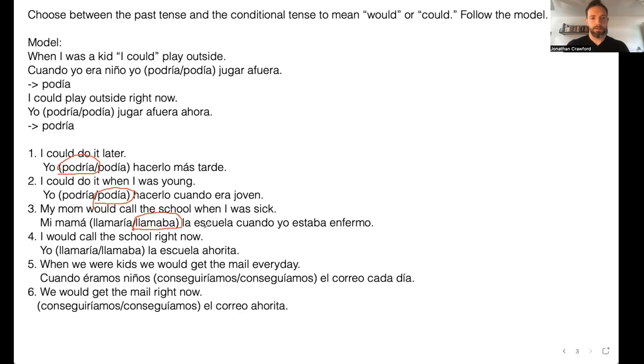My mommy would call the school when I wasn't feeling well. Cuando yo estaba enfermo. Mi mamá llamaba a la escuela cuando estaba enfermo.